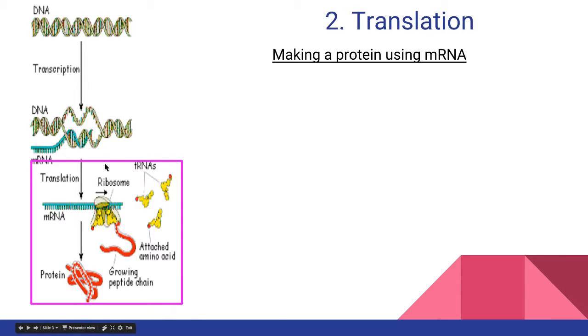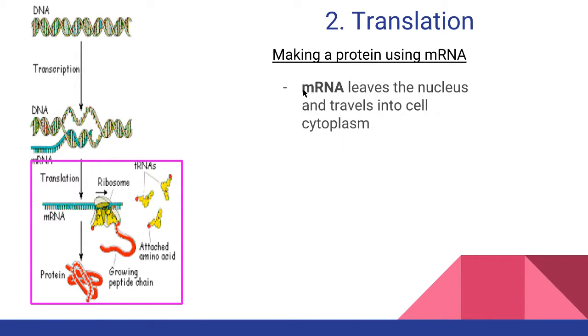So now in the translation, this is the part right here. This is taking that language of bases and translating it into the language of amino acids to give us proteins. So the mRNA leaves the nucleus and travels into the cell's cytoplasm. This is important, right? Because DNA can't leave the nucleus while RNA can.